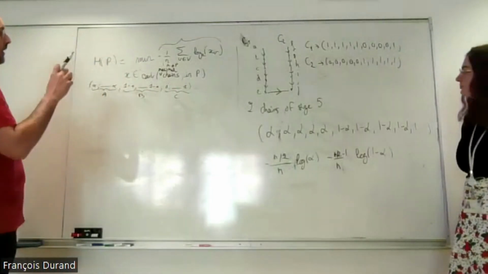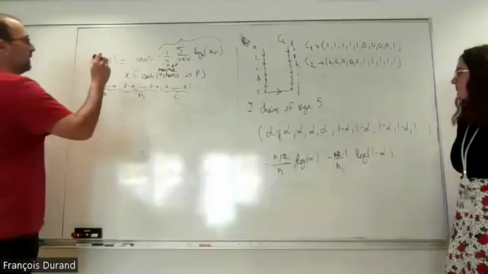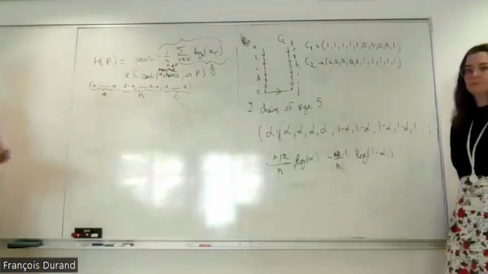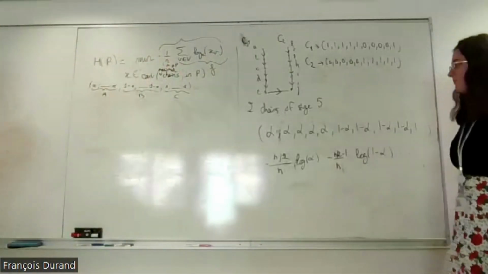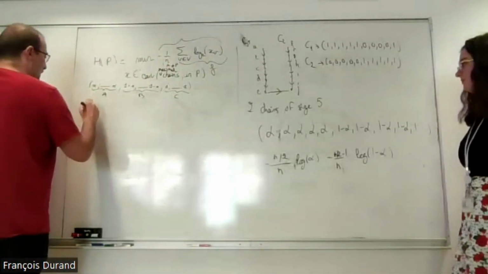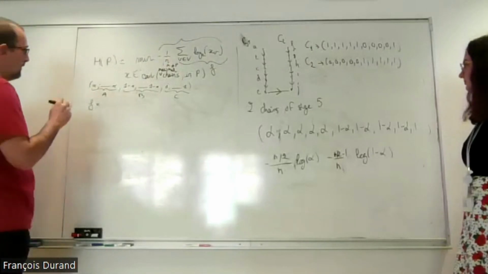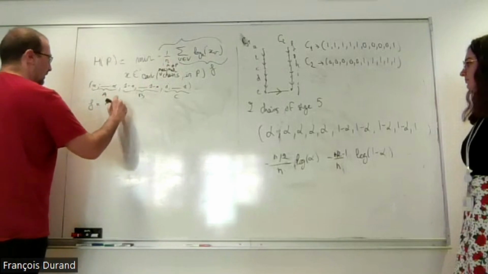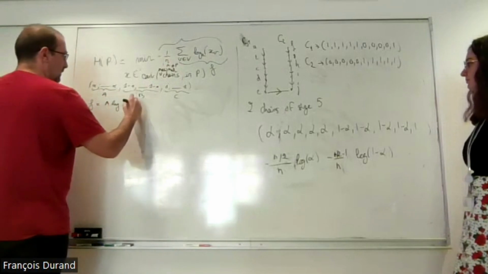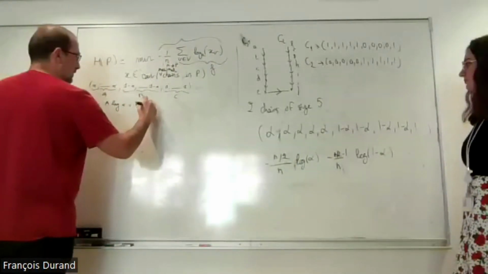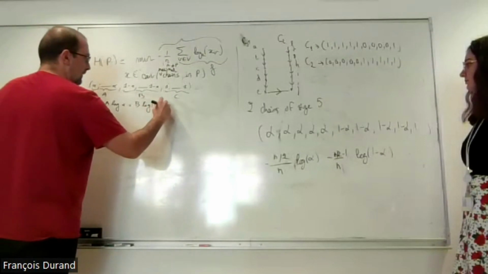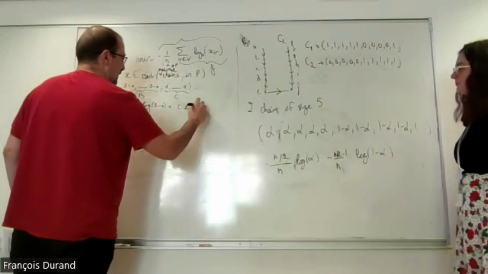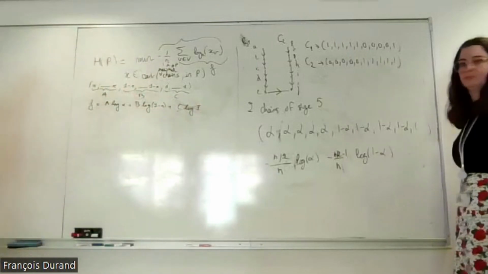And just because I'm lazy, I'm going to denote this f, which is just the sum of the logarithms that we want to maximize. So f is equal to a times log of alpha plus b log of 1 minus alpha plus c times log of 1, which can be ignored.